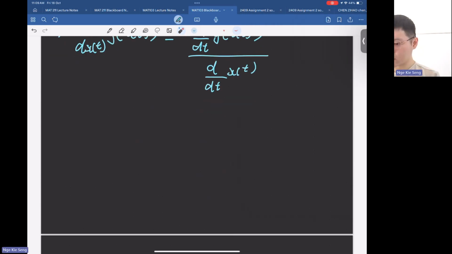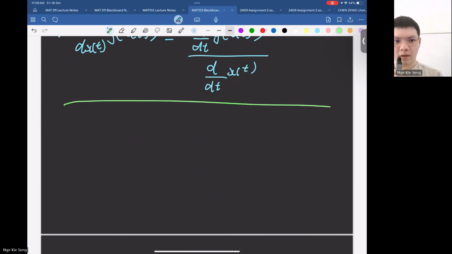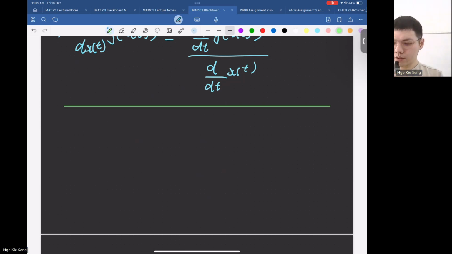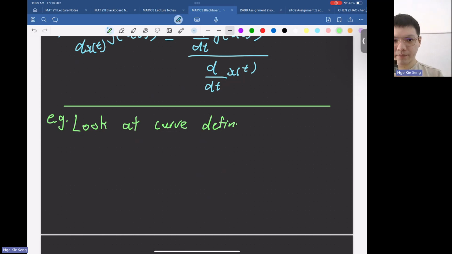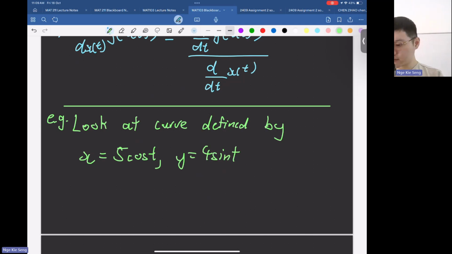Let's look at the specific curve below, defined by x equals 5 cos t, y equals 4 sine t, when t goes from 0 to 3, for example.